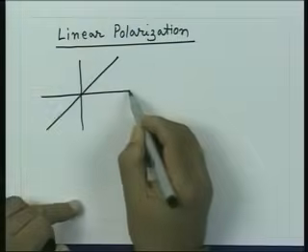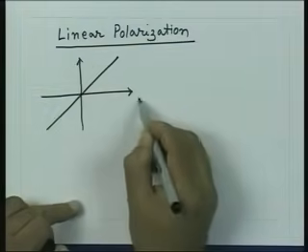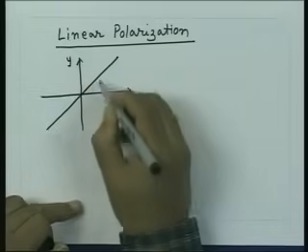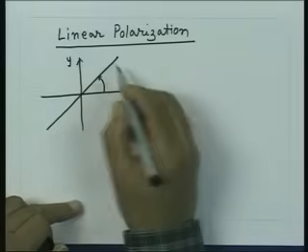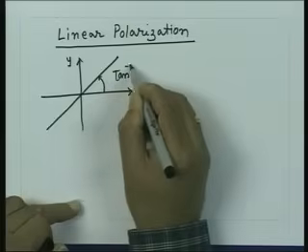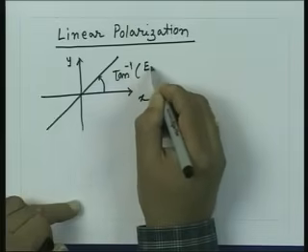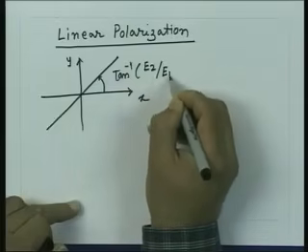So, the slope of this line which this makes with the x axis, this is x, this is y, this angle is tan inverse of E2 by E1.